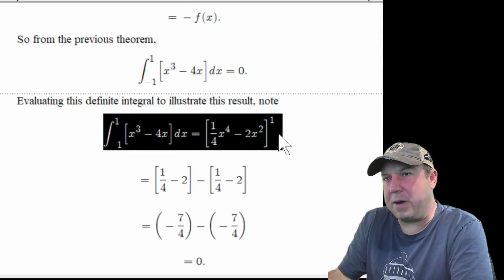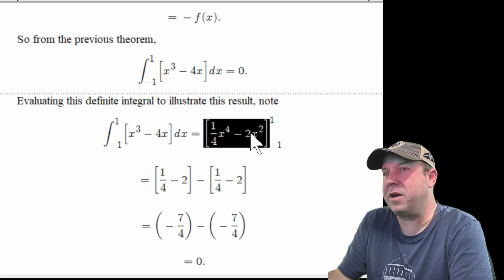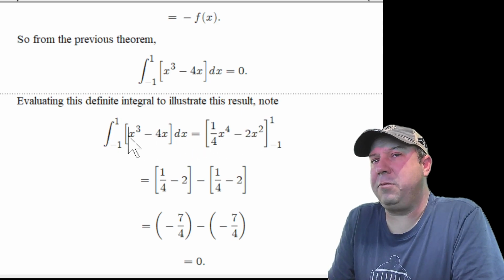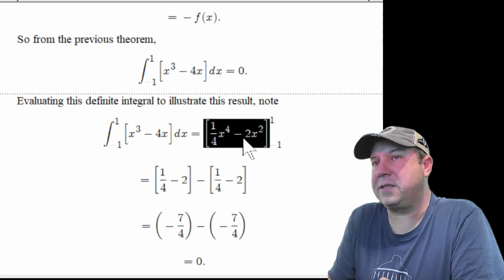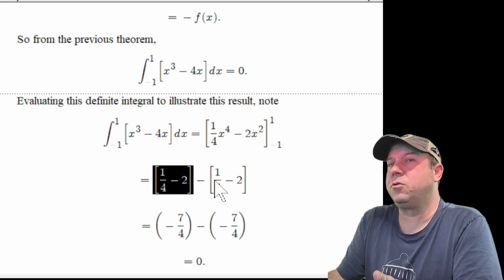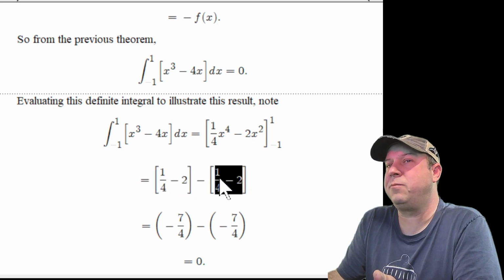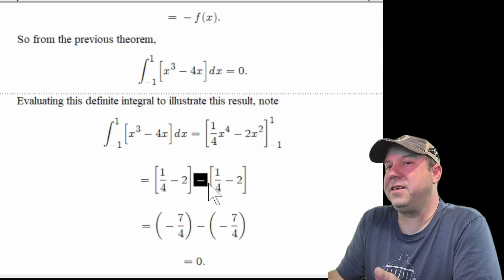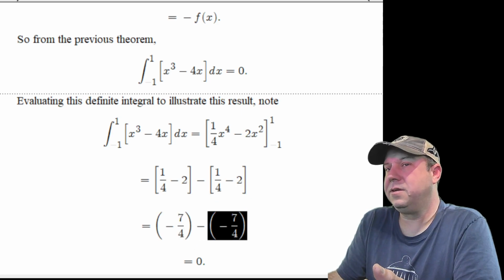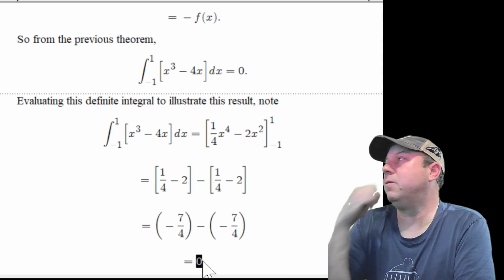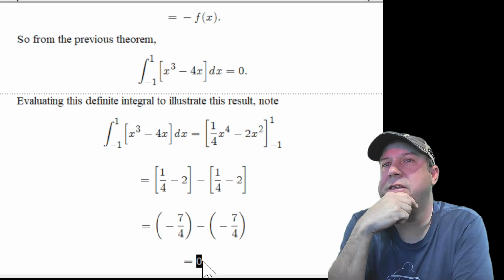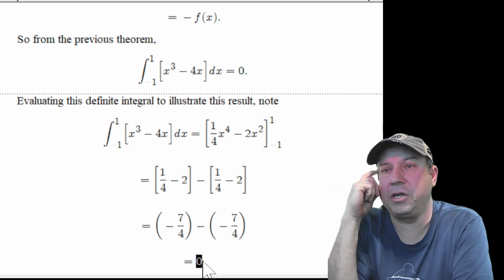And if we do go about evaluating it by hand using the fundamental theorem of calculus, we will be using the antiderivative of x cubed minus 4x, which is 1/4 x to the 4th minus 2x squared, where when evaluated across those boundaries produces the same result. And the difference of those two common results is nothing more than 0, confirming what we had said earlier from the theorem for an odd function.